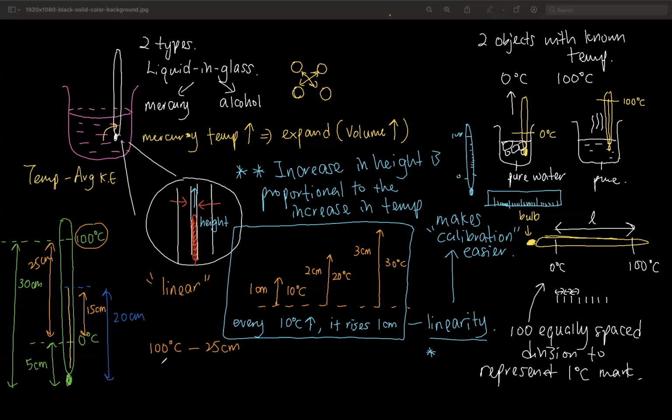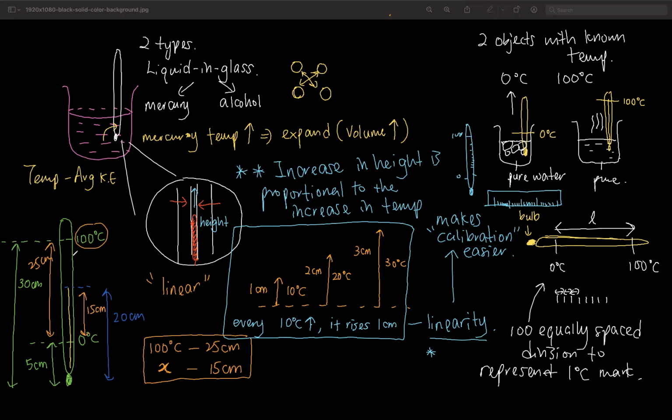I write down here, X is the temperature I want to find. 15 cm. I'm just doing simple cross multiplication. Because it is linear, right? It is linear, so I can use this method because the mercury expands linearly.